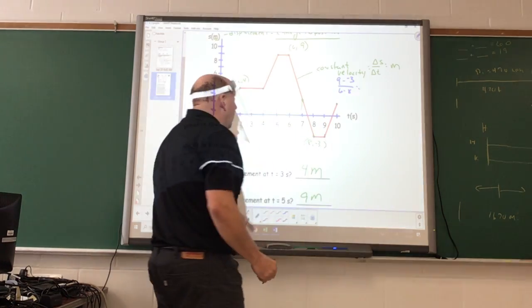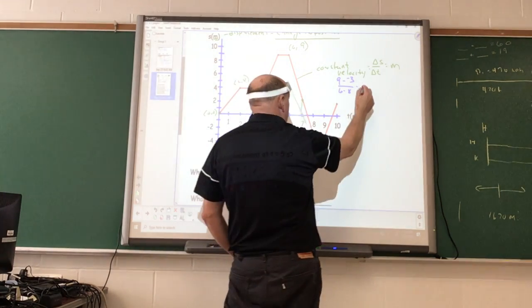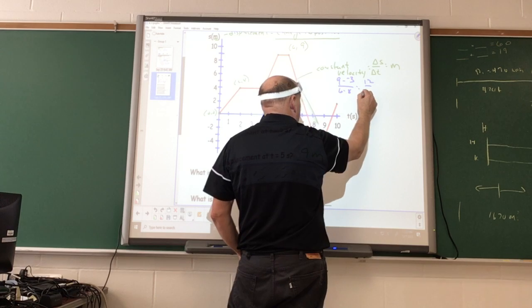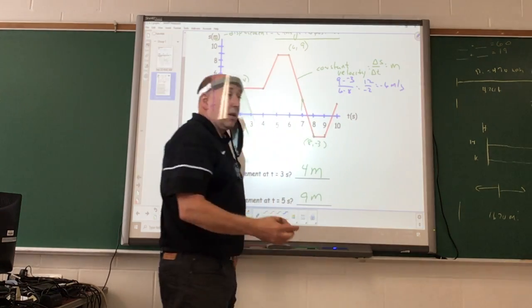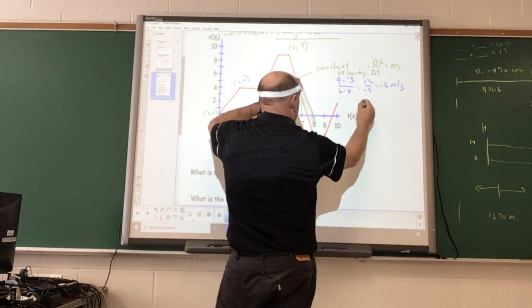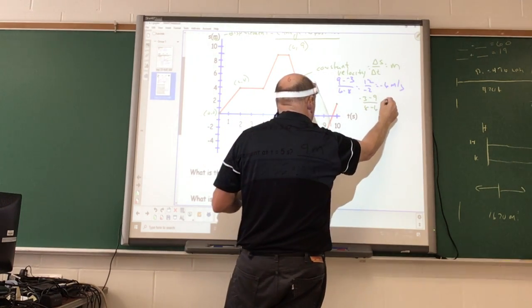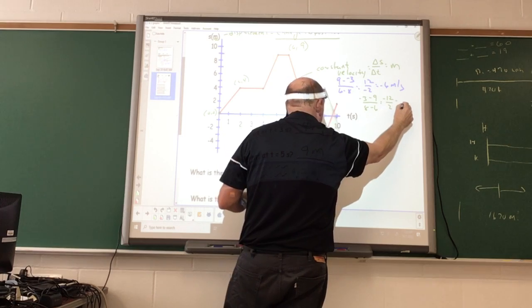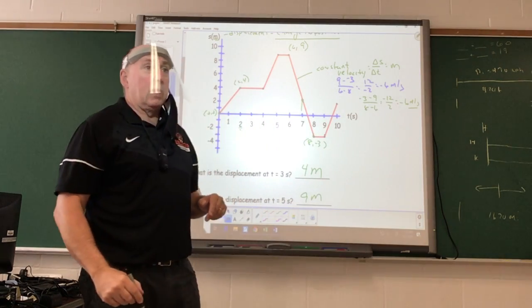And if I do the other way, if I go -3 minus 9, that is fine. This gives me 12 over -2, or -6 meters per second. And if I go the other direction, we can go -3 minus 9 over 8 minus 6. We get -12 over 2, which still gives me my -6 meters per second.